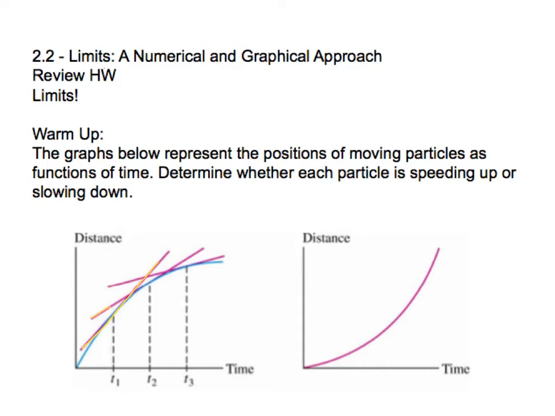as we move from left to right across the graph in terms of time intervals, our tangent lines are getting less and less steep. So if a slope is less steep, then therefore the rate is slowing down.